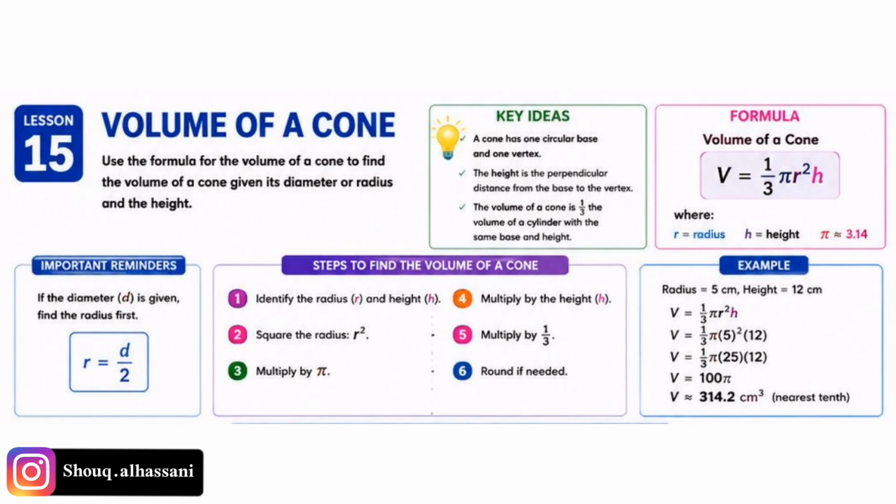So now we have the volume of a cone. So the formula of the cone, volume of the cone, is V equals 1/3 pi r squared h. So now let's go to the question.